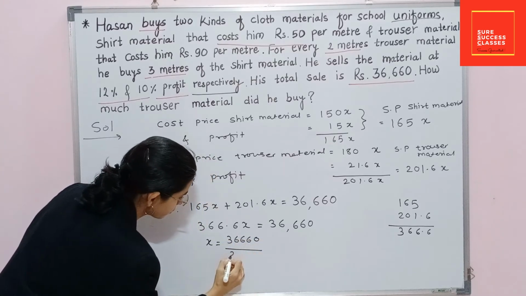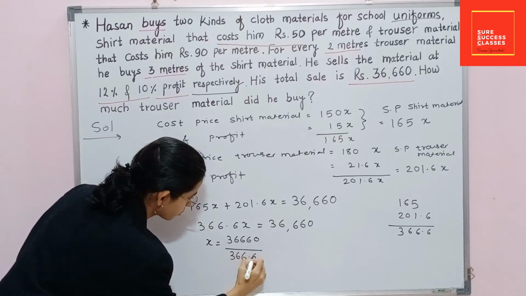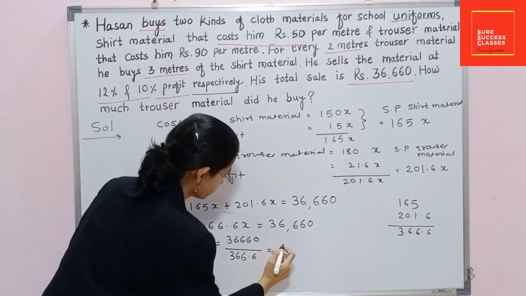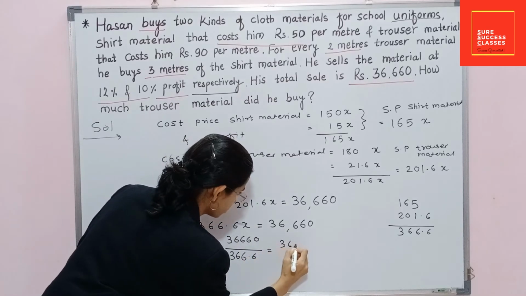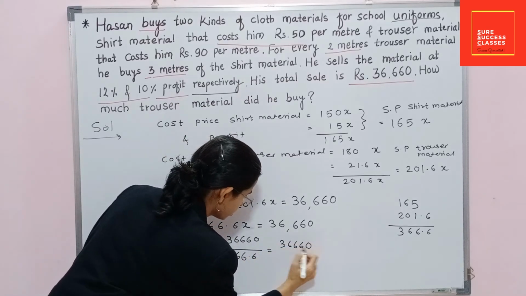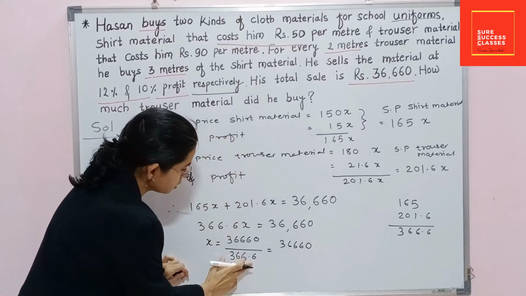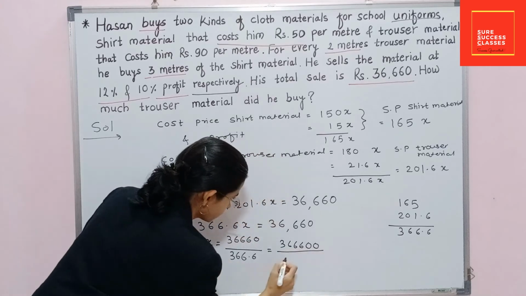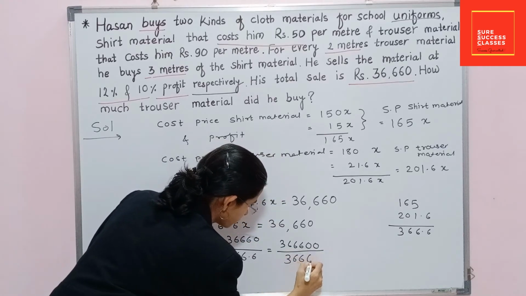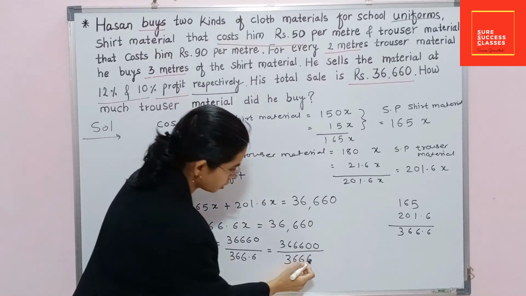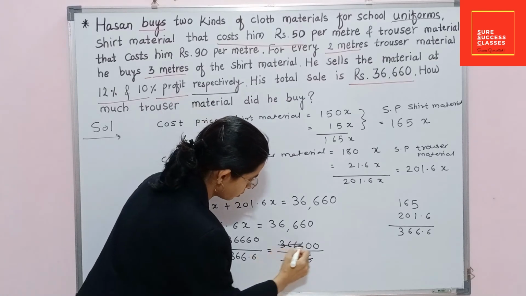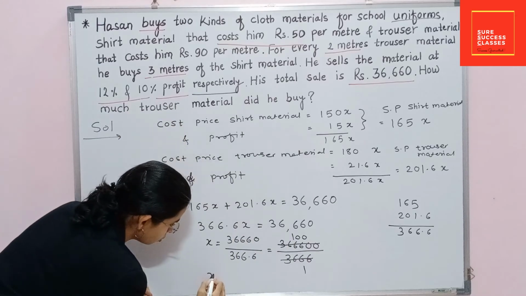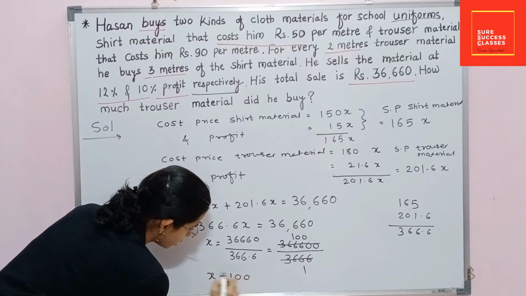Divided by, we will put 10 above to avoid this decimal point. So our answer now we will get, it will be 100, means the value of x is equal to 100.